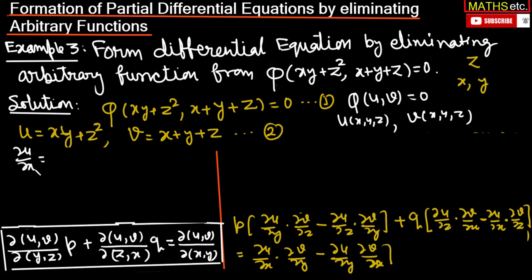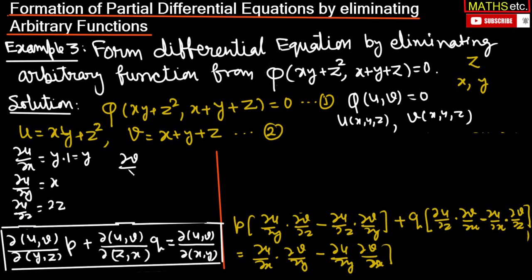When we take the partial derivative with respect to x, y and z will be treated as constants. So the partial derivative of u with respect to x, y is treated as a constant, y multiplied by 1, z square will be 0. So this will be y. Del u over del y equals x, del u over del z equals 2z.